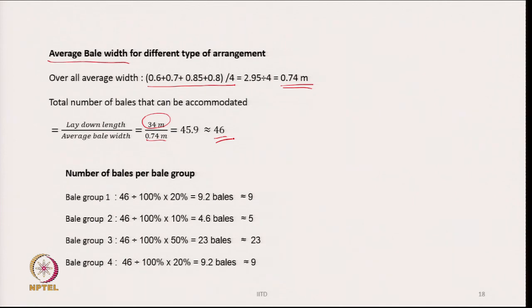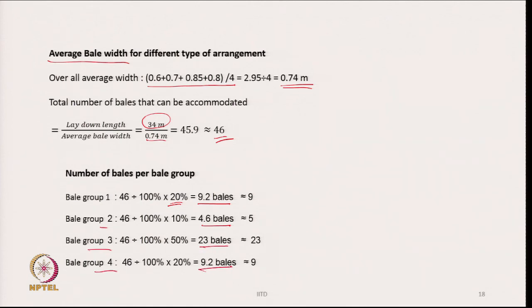So, there are 46 bales we can accommodate. Then for bale group 1 we need 20% of the bales, so the actual number of bales is going to be 9.2. Similarly, for bale group 2 the exact value is 4.6, for bale group 3 it is 23, and for bale group 4 it is 9.2.